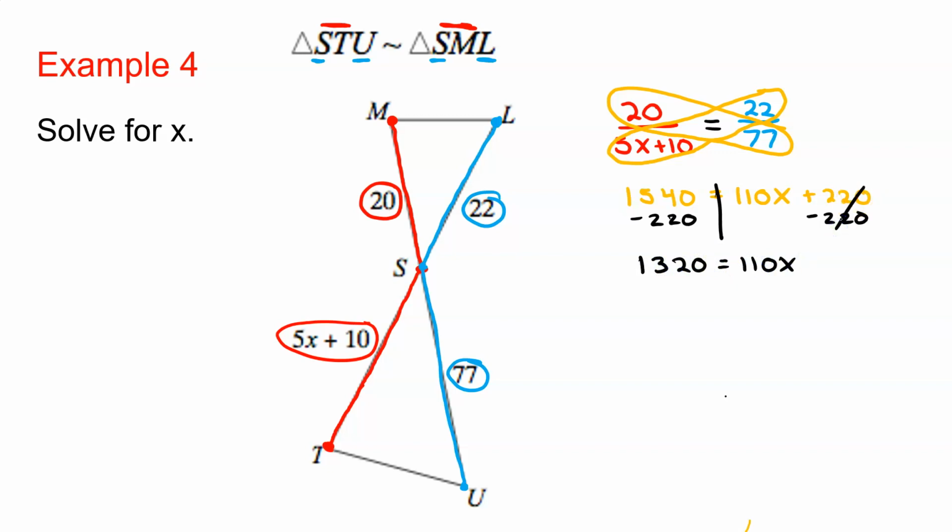Those, of course, canceled out. One more thing we're going to do here, we're going to divide both sides by 110. Hopefully that divides nicely this time around. I made a little typo earlier. So it actually does. 1,320 divided by 110 gives us 12, and that is what's equal to x. That is our final answer. Solve for x.